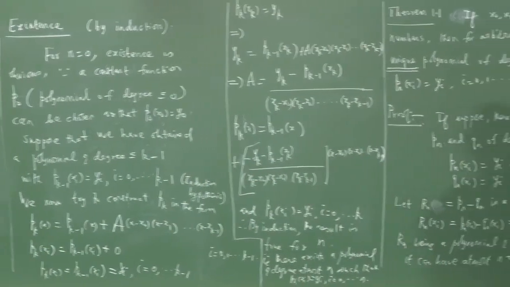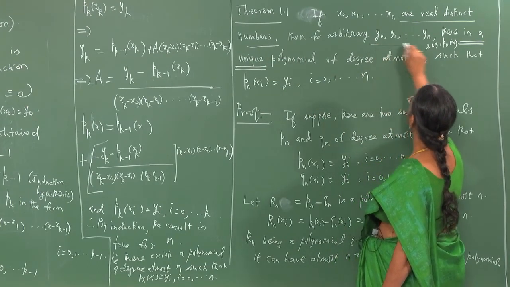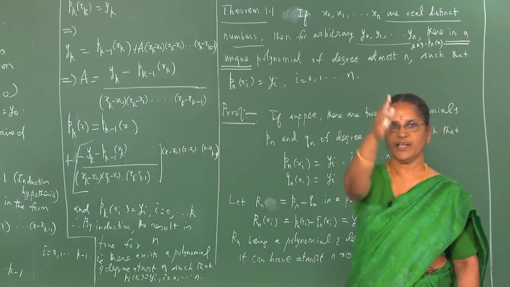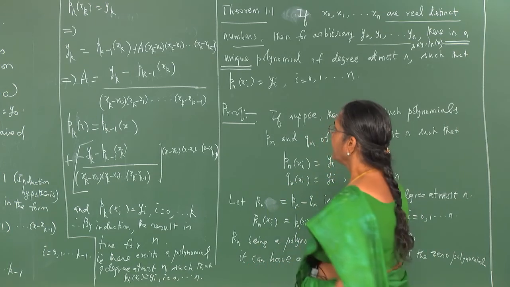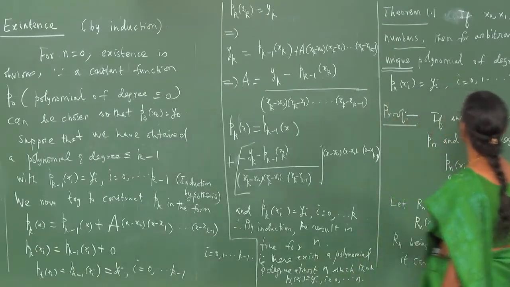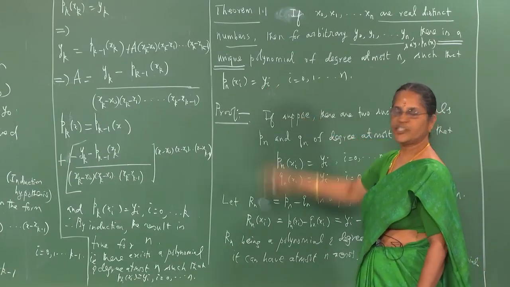Given n plus 1 real distinct numbers x naught, etc., xn, for arbitrary values y0, y1, etc., yn associated with them, there exists a unique polynomial of degree at most n satisfying this condition.